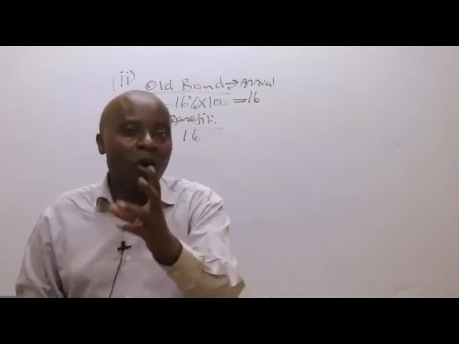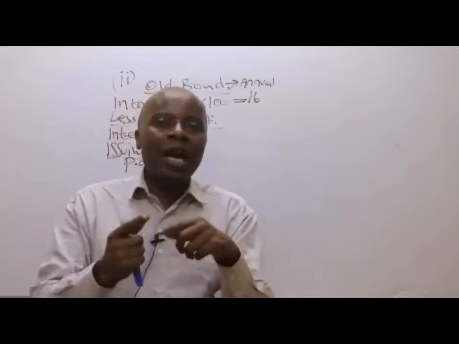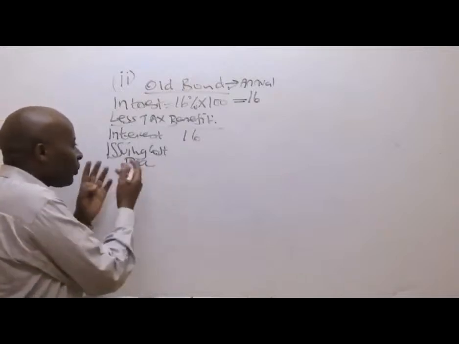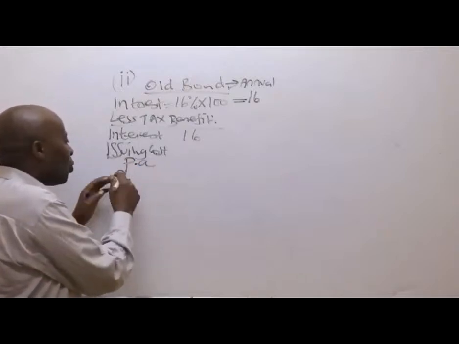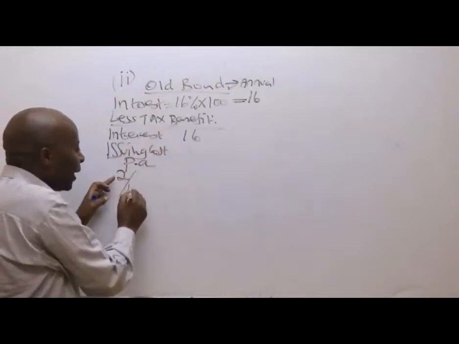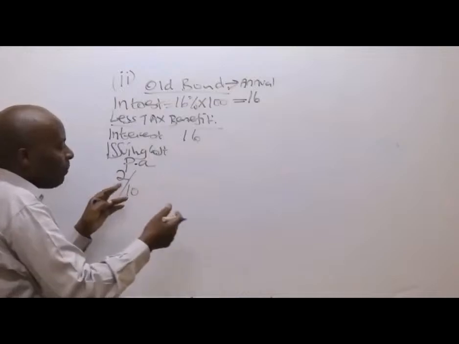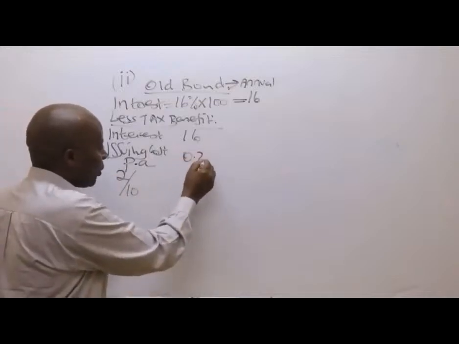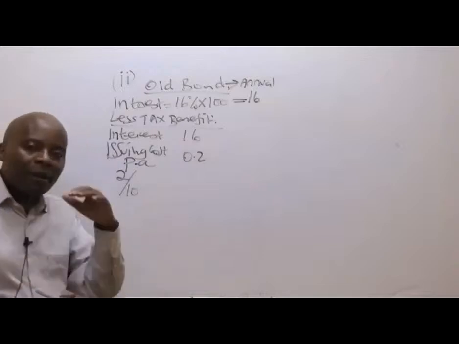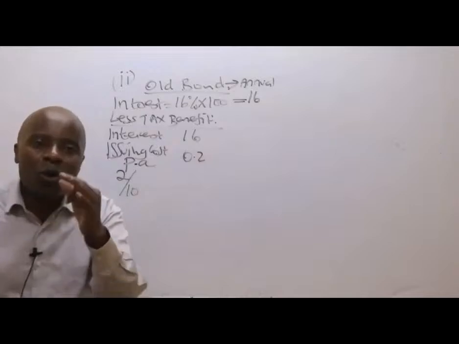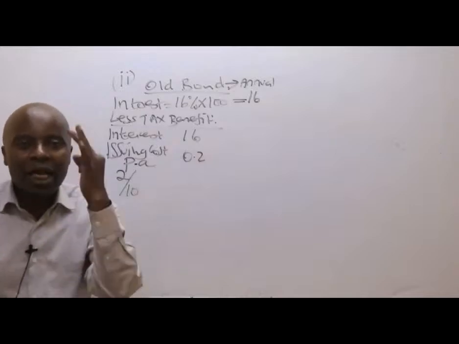It's a 10-year bond, so every year the government will allow us to take a benefit of 2 divided by 10 per annum. So what is 2 divided by 10? It is 0.2.